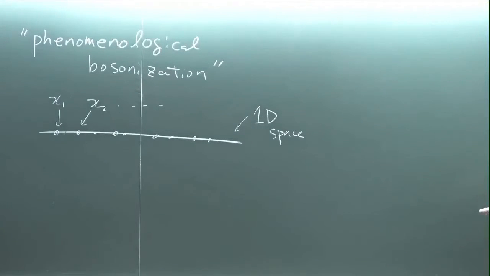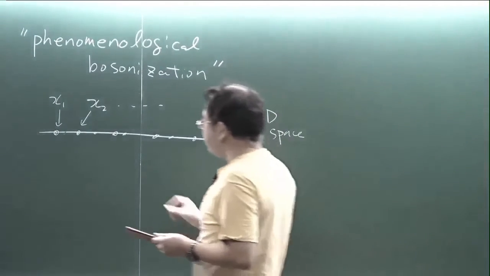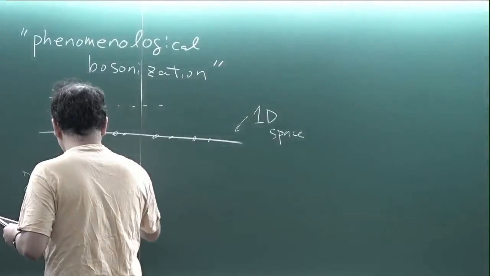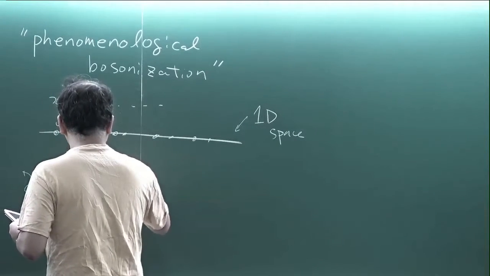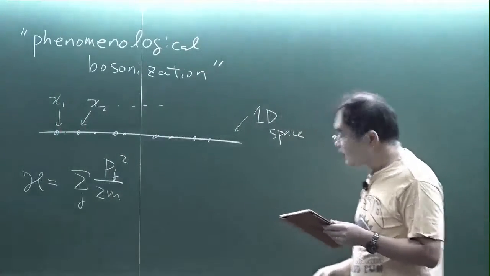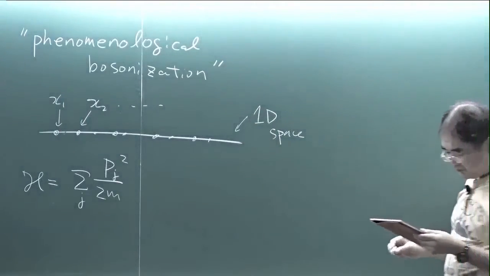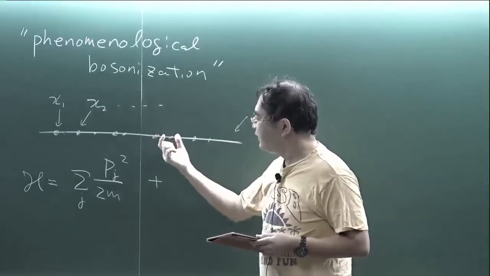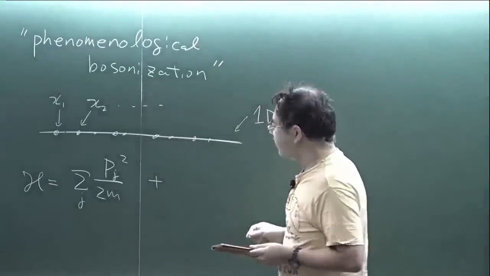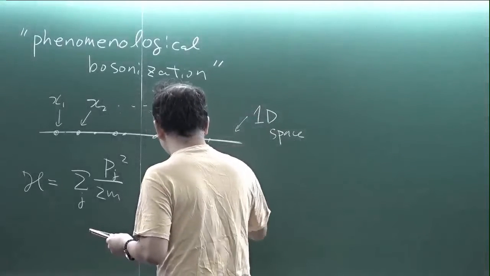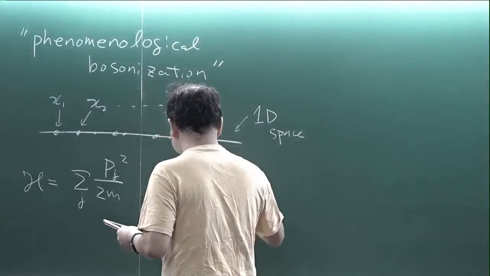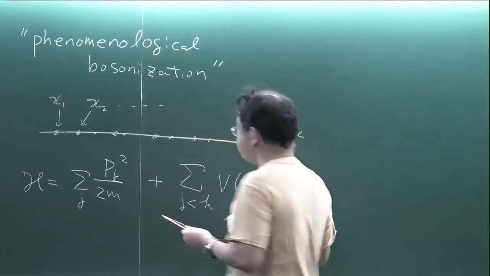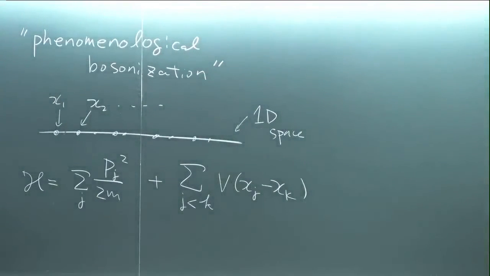Then the Hamiltonian of such a system can be given by just the kinetic energy of each particle and the interaction between these particles. And I just assume two-body interaction. So my Hamiltonian would look like this.